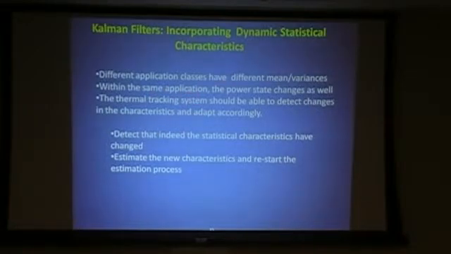Anyway, you can set this up from a Kalman filtering perspective, but still it's an approximation that the power dissipation profile follows a Gaussian or jointly Gaussian distribution. That is not really true because of different application classes.